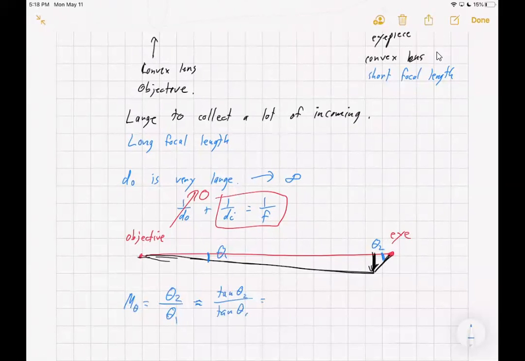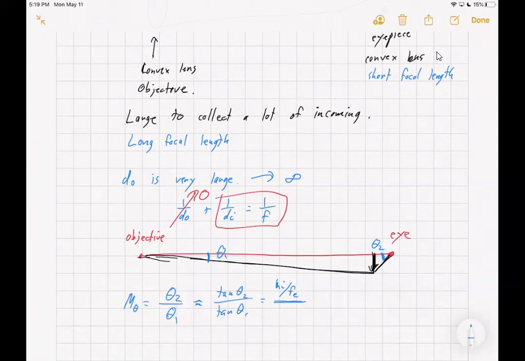The tangent of theta 2 would be the height of the image divided by the focal length of the eyepiece, because remember, with a magnifying glass, you would be looking at an image that's essentially just inside of the focal length.